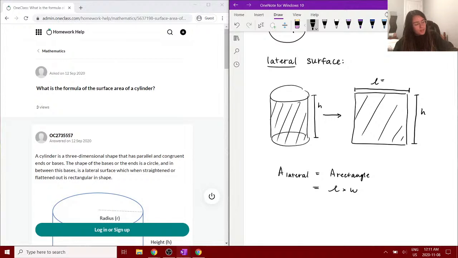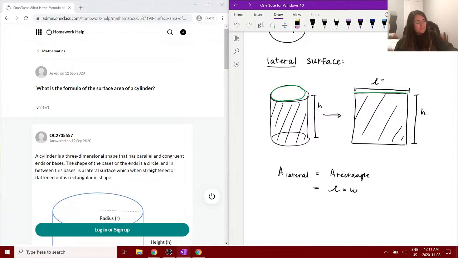So that length, this length here, is the same thing as the circumference, right? Because if you imagine you had your tube and you unrolled it, it would trace the same path as the circumference. We know the circumference of a circle.